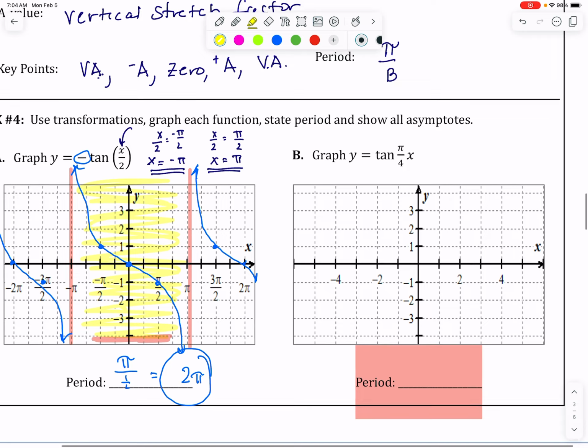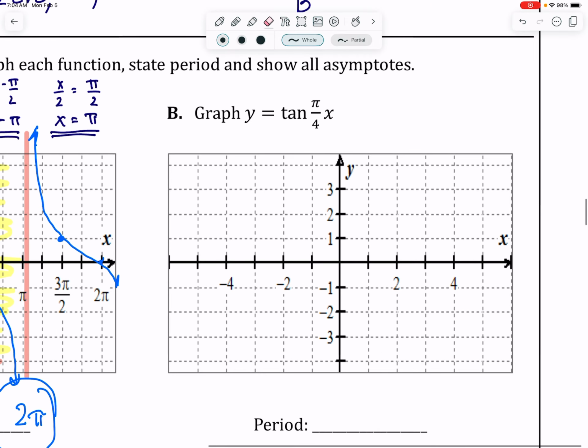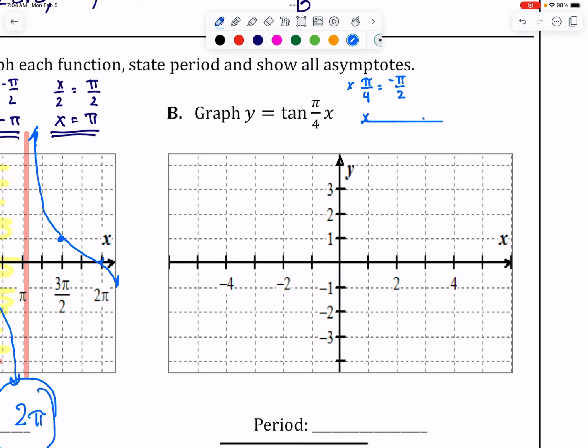Okay, let's do one more. Let's find our asymptotes. We're going to say pi over 4 x equals negative pi over 2, so x equals negative 2.